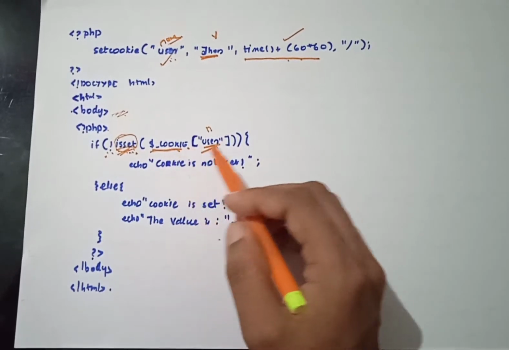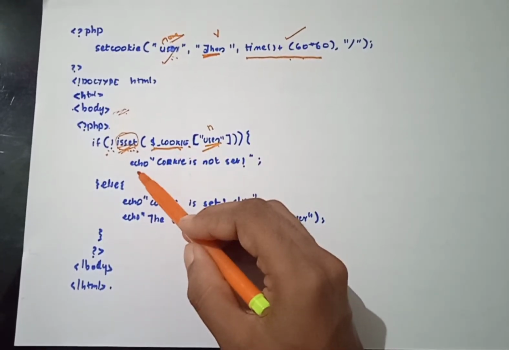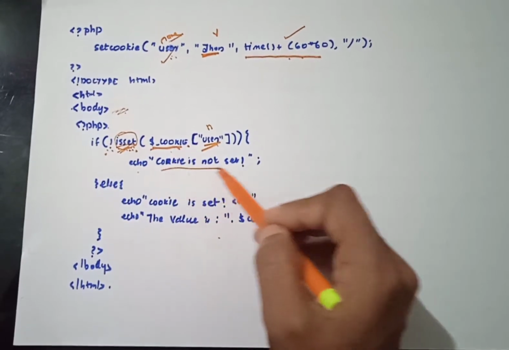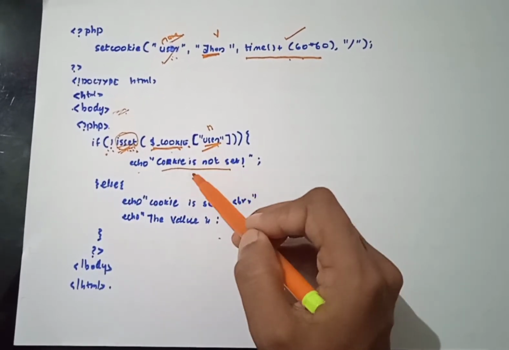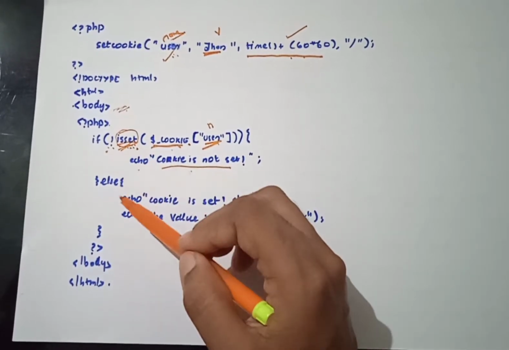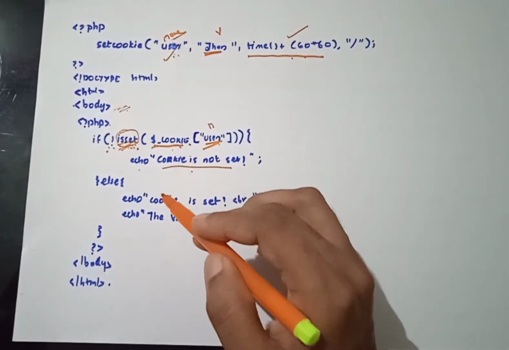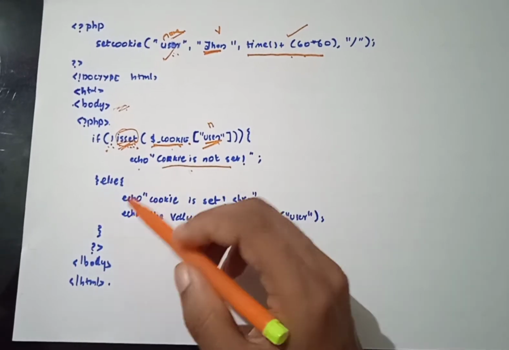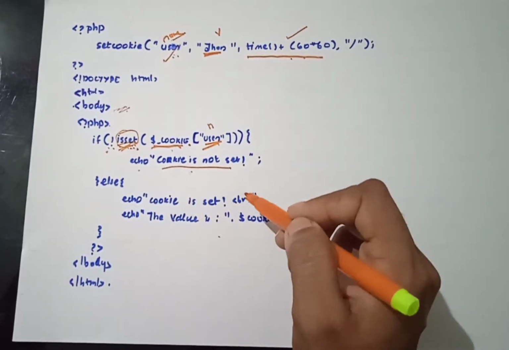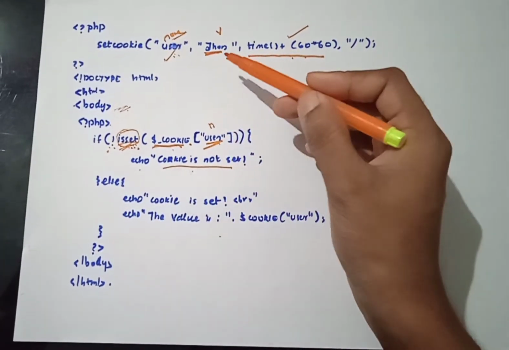Okay, so we checked our first one, and what you have to print here for the not-set condition, when it becomes true, is that the cookie is not set. And for the next case, when the cookie is ready, one thing you can say is that the cookie is set, and another thing is you have to view what is inside that cookie.